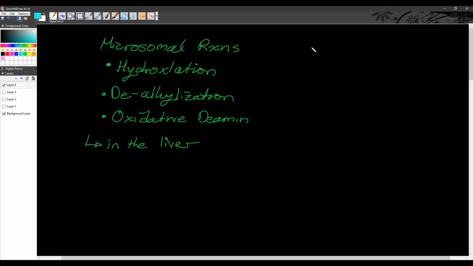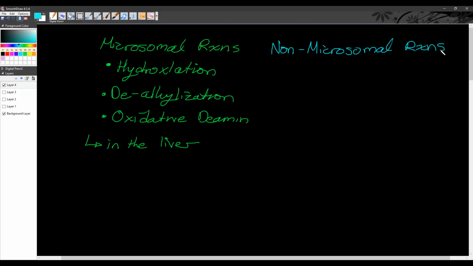The other kind of reactions that we have are called non-microsomal. And these are essentially just general reactions that happen outside of the liver. So could they happen in the liver? 100%. But do they occur in other places? Yes.